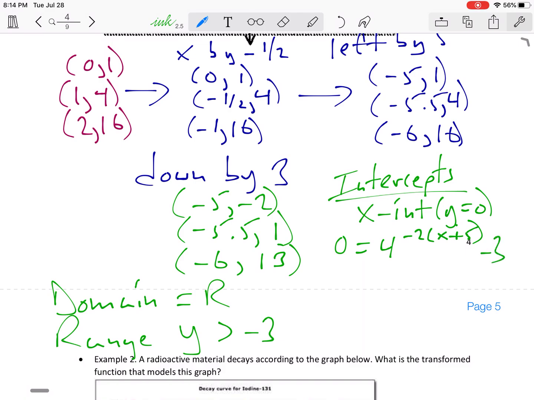Okay, and so you can move the 3 over to the other side. Now, because this is kind of tough to solve, you want to estimate, using a trial and error method where you sub in values for x and look at what's going to work.